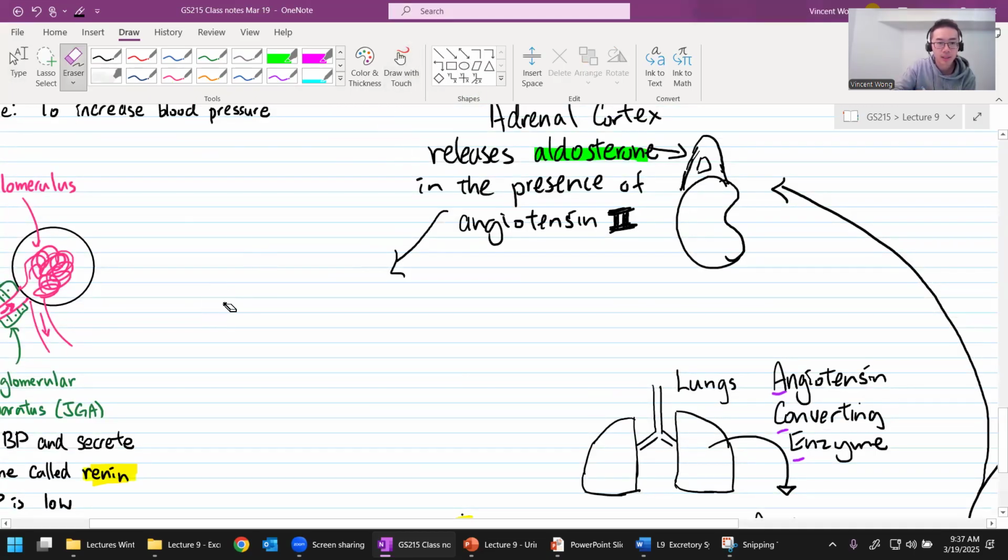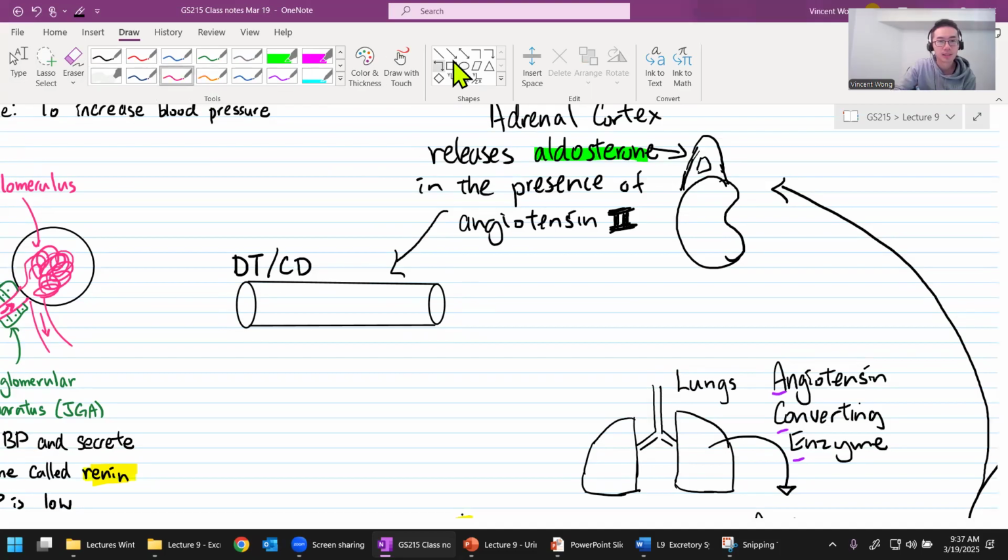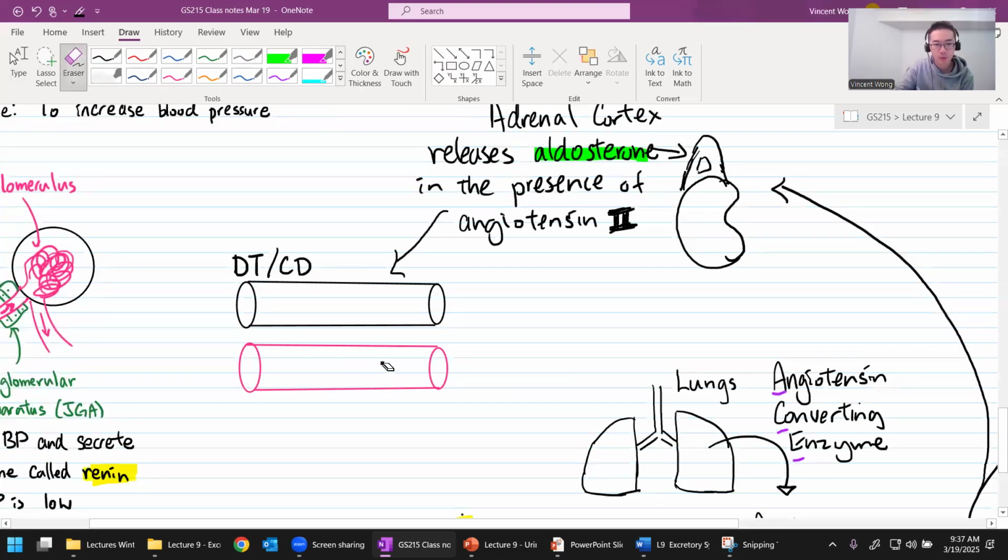Let me try to draw this out. This is the distal tubule and collecting duct. And next to the distal tubule and the collecting duct, I'm sure you know, or I hope you know, is the peritubular capillary. You would say blood vessel, but you know it's the peritubular capillary.